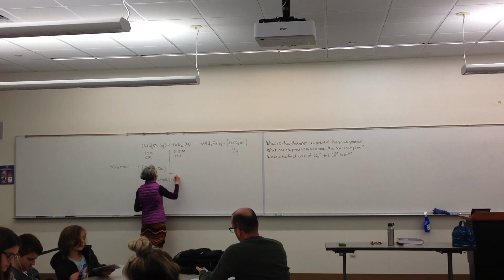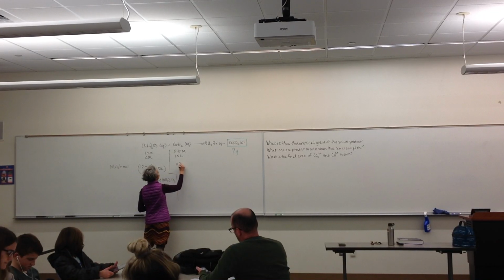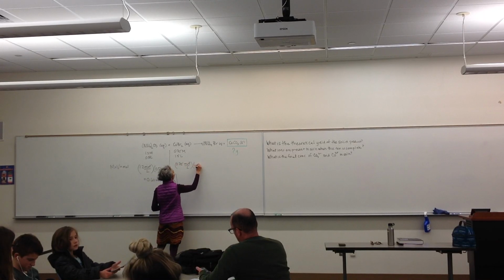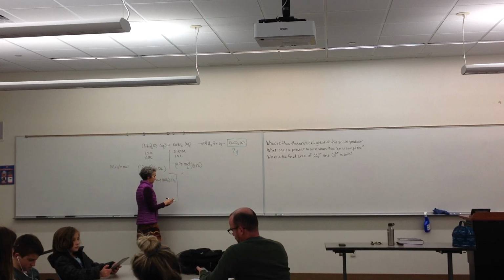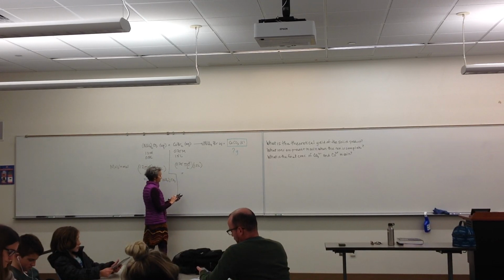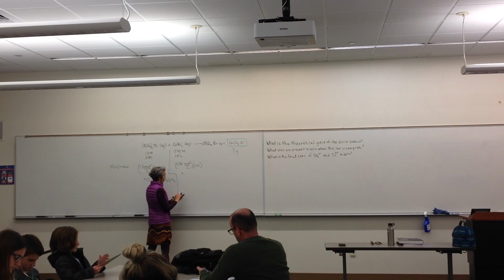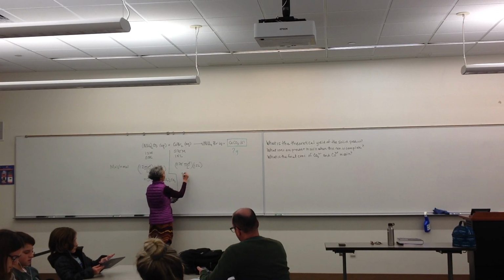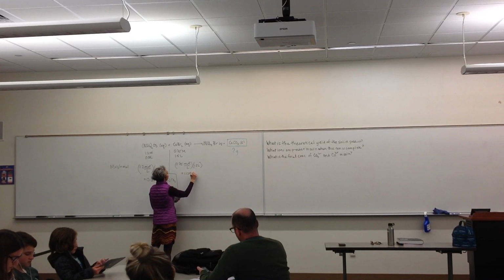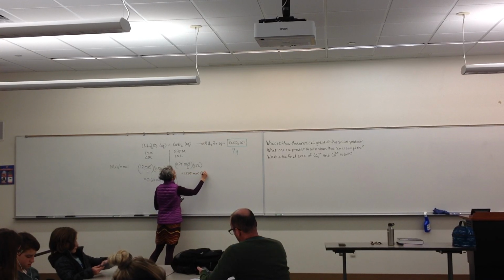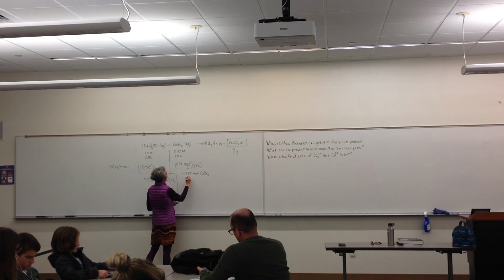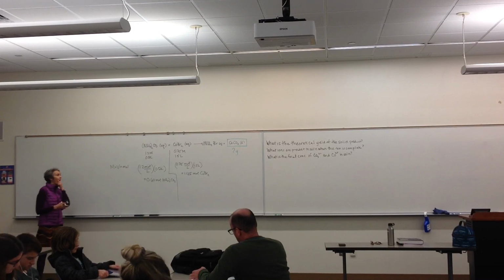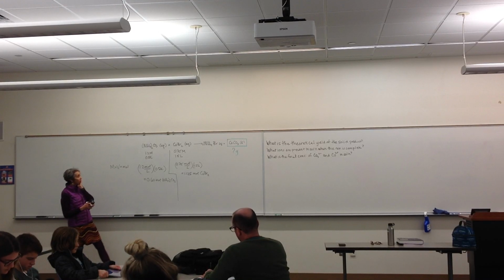So 0.75 moles per liter times 1.5 liters. 0.75 times 1.5. 1.125 moles of CoBr2, and that's 2 sig figs. All right, so now I know how many moles of each I'm starting with.